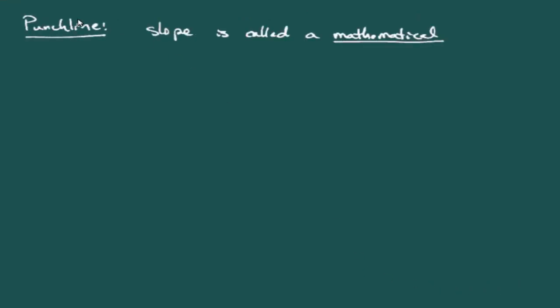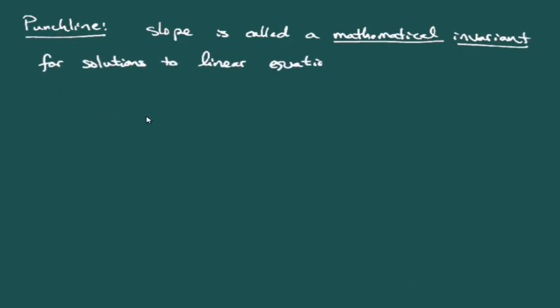And so what does that really give us as far as the relationship between the solutions of linear equations and our slope? Well, the punchline is this. The slope is something called a mathematical invariant for the solutions to linear equations.